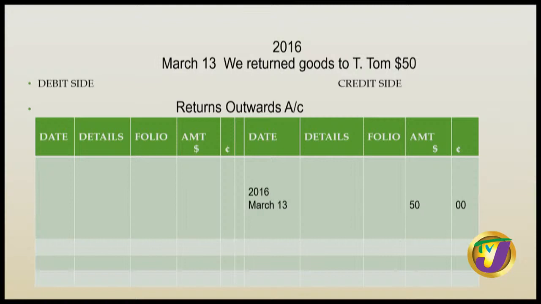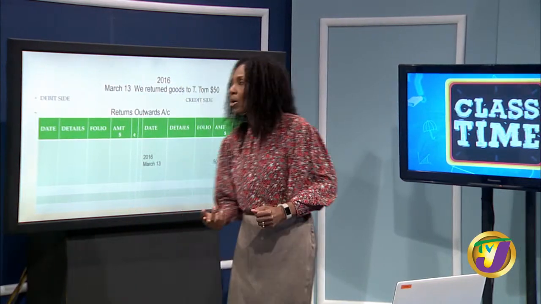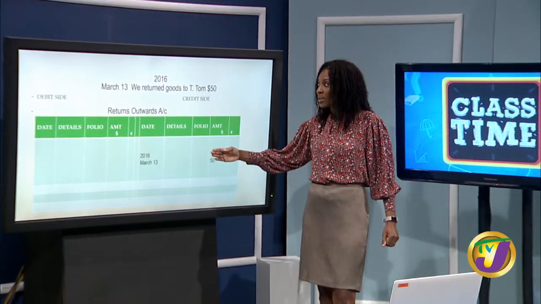So we're going to open up then a returns outwards account. Returns outwards, again, students, is representing our stock movement. Are we going to have more stock now, or are we going to have less stock? We're going to have less. Whenever there's a decrease in stock, which is an asset, we should do what? Credit the account. So we're going to go then on the credit side of the returns outwards account.